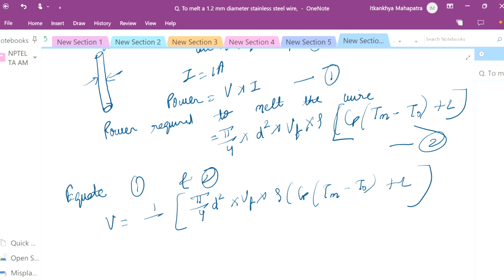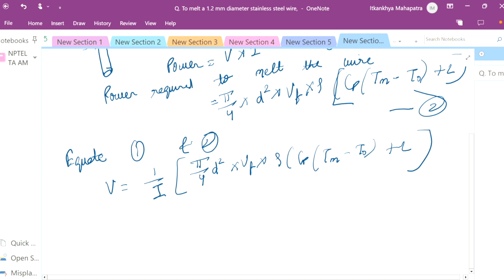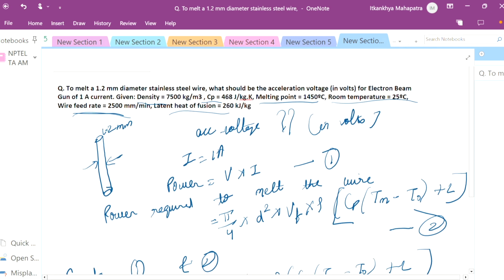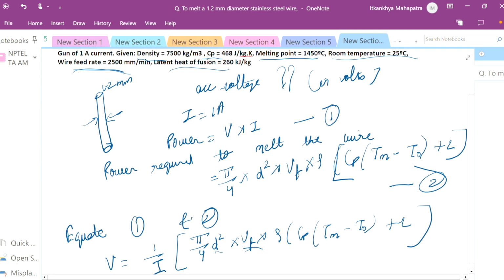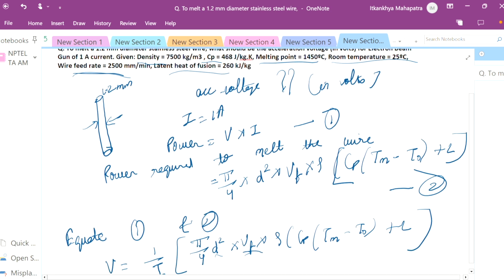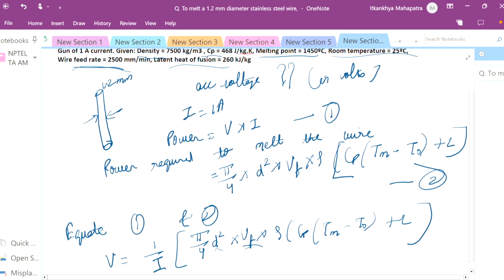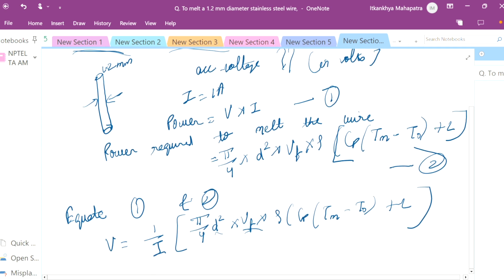Now you will substitute all the values. D is 1.2, Vf is 2500 mm per minute, convert into seconds. Density is given in kg per meter cube, so do the unit conversions properly and you will get the answer.